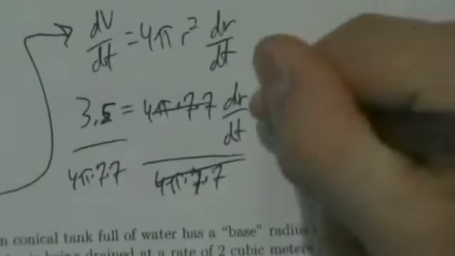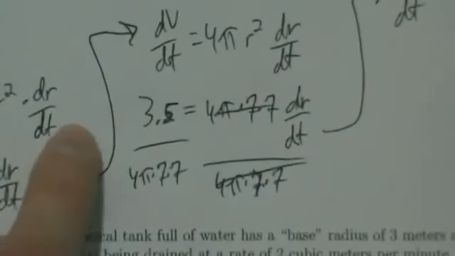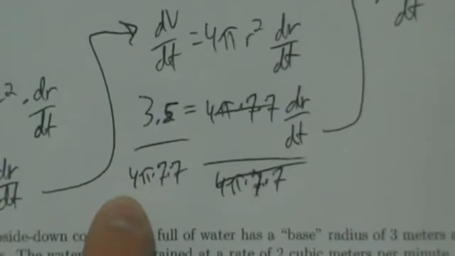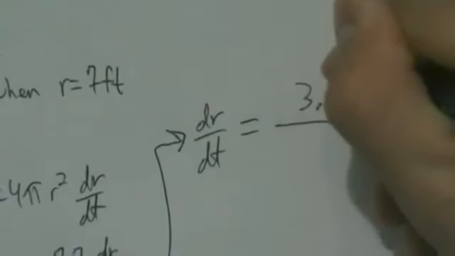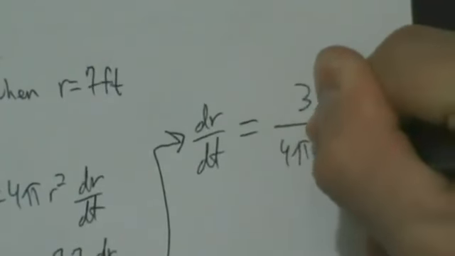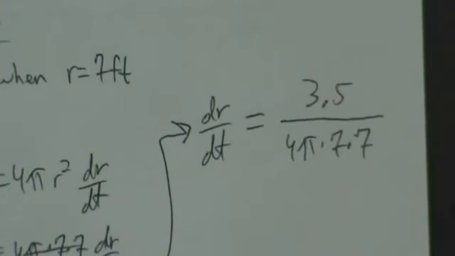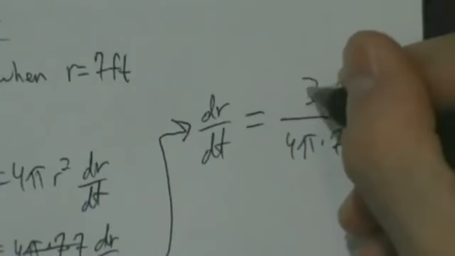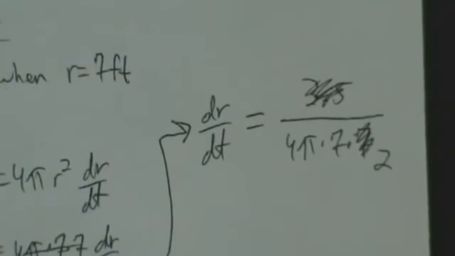So let's come back up here now. We have dr/dt by itself on one side of the equation, and on the other side we have 3.5 over 4 pi times 7 times 7. So now, 3.5 goes into 7 twice, because 3.5 times 2 is 7, right?